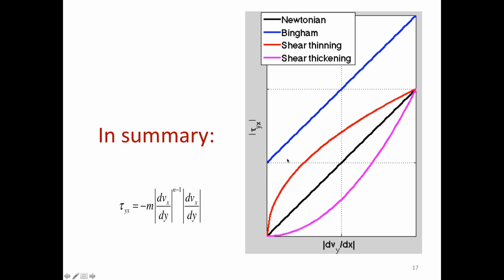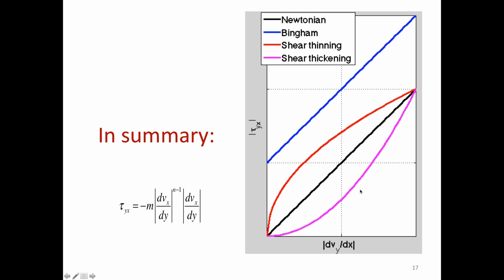Then if I look at this shear thinning behavior, the effective viscosity is the slope in this curve, okay? So my slope here is much steeper than it is here. So a steeper slope means a thicker fluid. So I'm thinning out as I'm increasing dVx/dy.